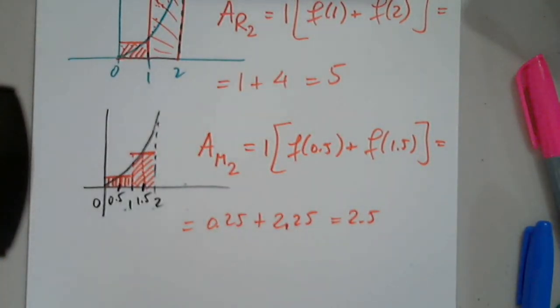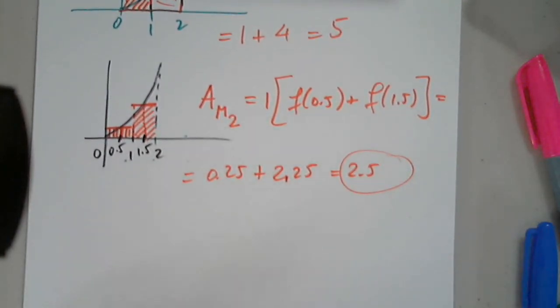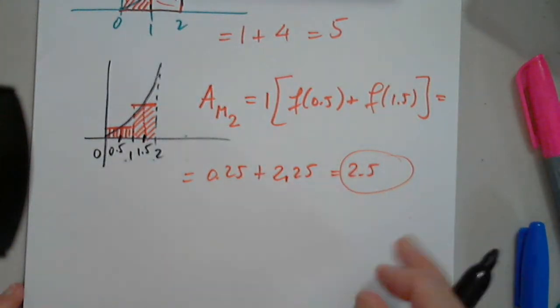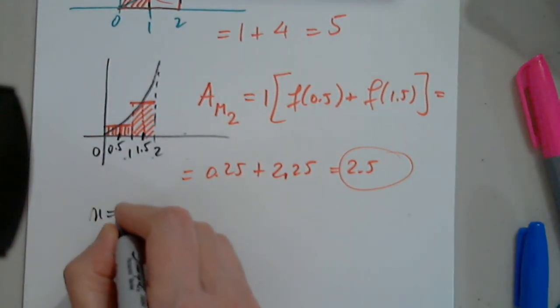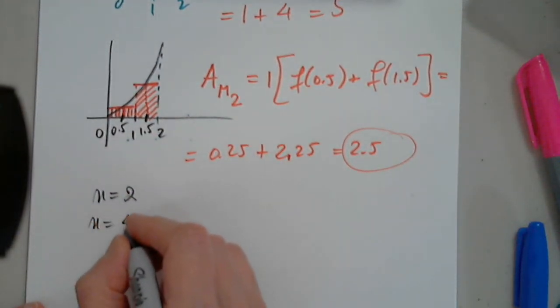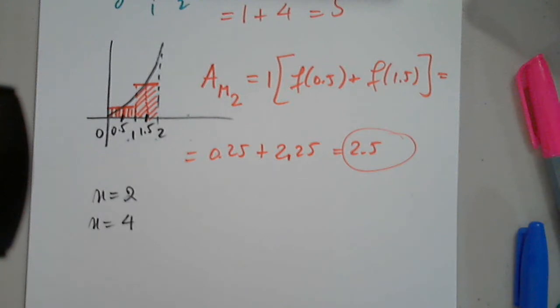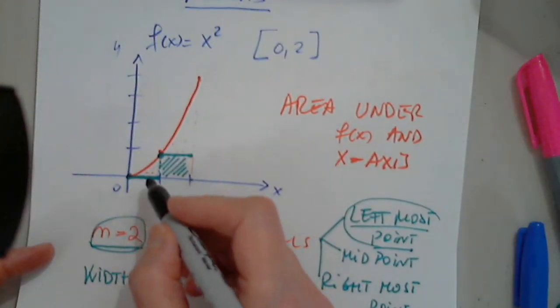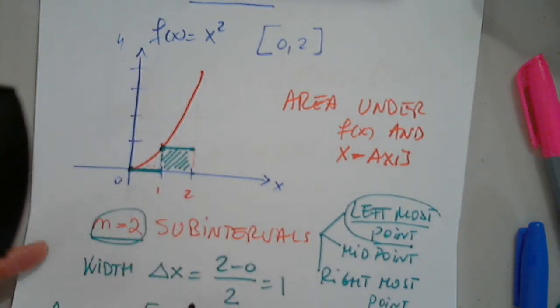Which of these three options do you think is the closest to the real area? Midpoint. The midpoint. That's the best, the closest. Now, imagine I show the example with n equals 2. Here's my question. If I use n equals 4 subintervals, yes, I have more work to do because now I have to divide the interval by 4.